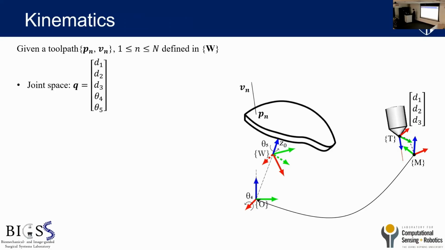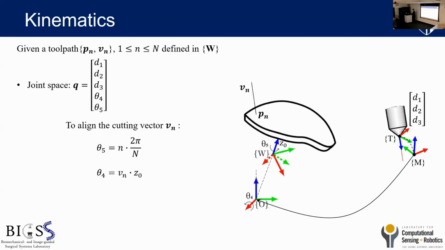This is done by solving inverse kinematics to solve the joint angles D1, D2, D3, and theta 4, theta 5. First, we want to align the laser to the vector by computing the 2 rotary angles. Theta 5 is the incremental angle as the platform rotates. The capital N is the total number of given cutting locations.